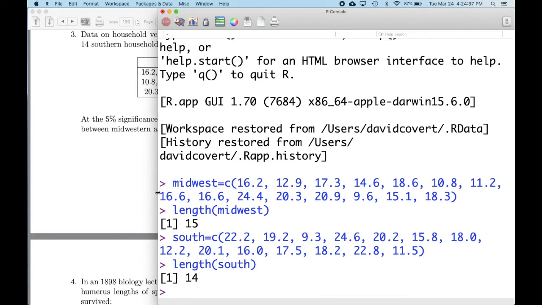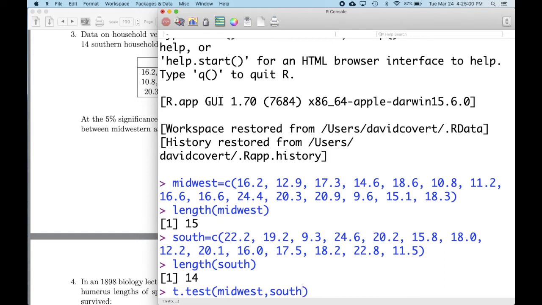Okay, now this t.test function is just magic. It's perfect. With t.test, we're going to compare the Midwest data with the South data. We don't have to do anything special about computing the means and the standard deviations. All that stuff that we did before, we don't really have to compute.